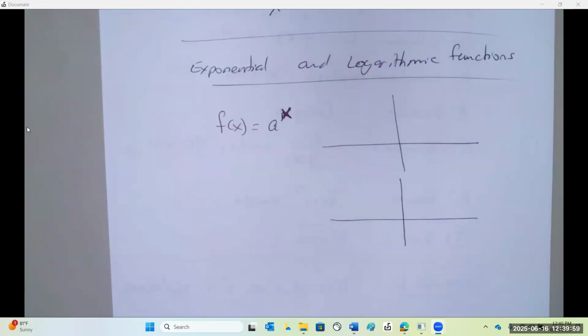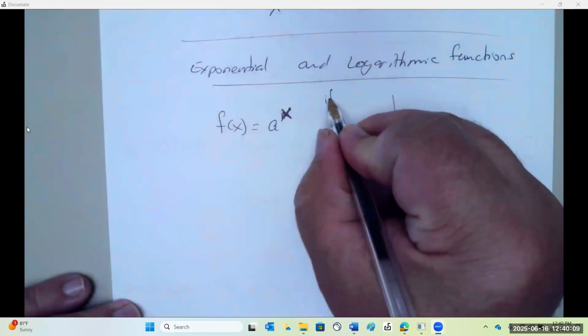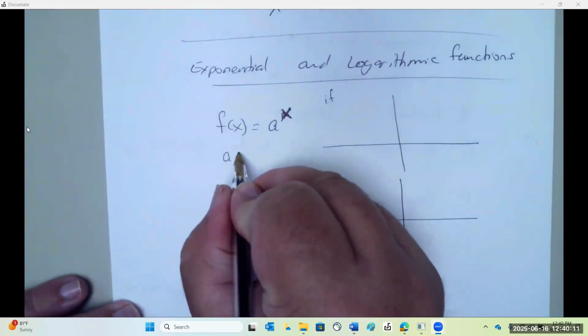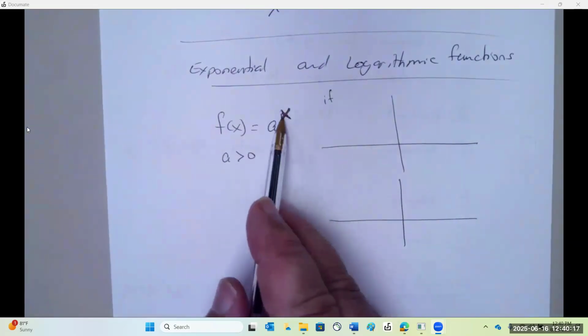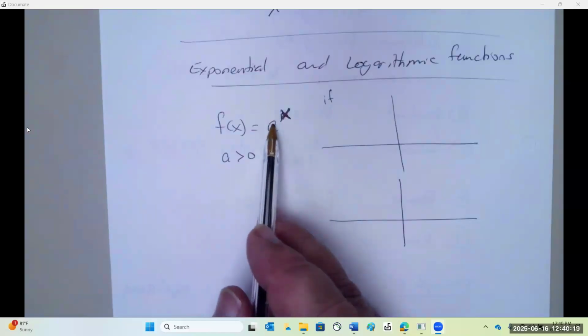Remember this? Very good. So A has to be positive, because if A is negative, remember, the sign changes. If x is even, it's positive.